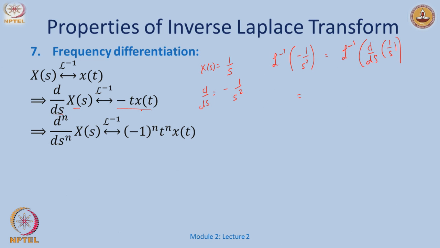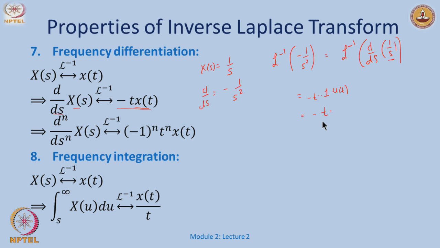X of s going to x of t, that is 1 over s, and the equivalent time domain would just be the unit step, or I will say 1 dot u of t, multiplied by minus t. So, the inverse of this signal, minus 1 over s square, is simply minus t.